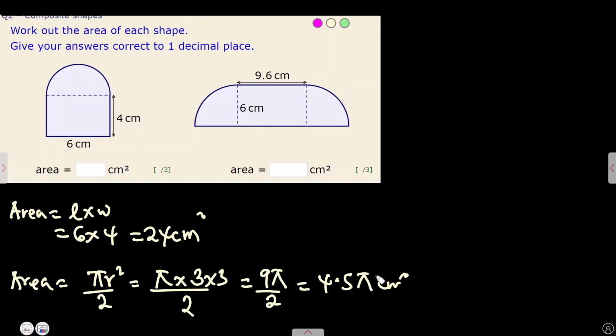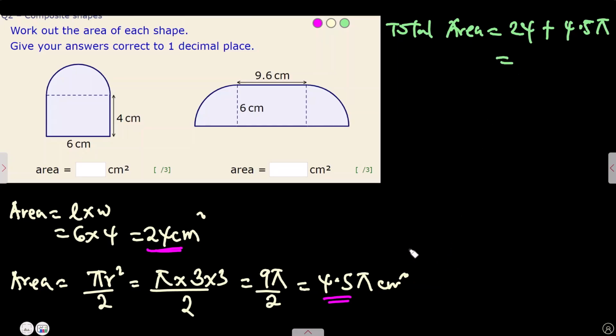And so to work out the area, you will have to add this value here and this value here together. So we can do that. The total area will be 24 plus 4.5 pi.